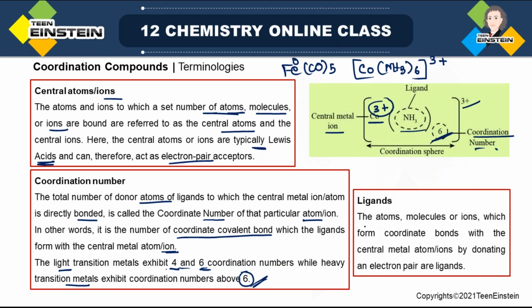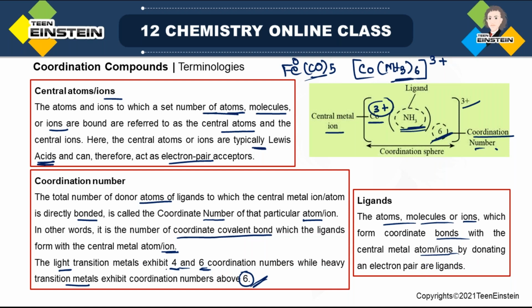Third term is ligand. Now ligands are these molecules, or it may be Cl minus ion. So it may be atoms, molecules or ions which form coordinate bonds with the central metal atom or ion by donating an electron pair. Okay.